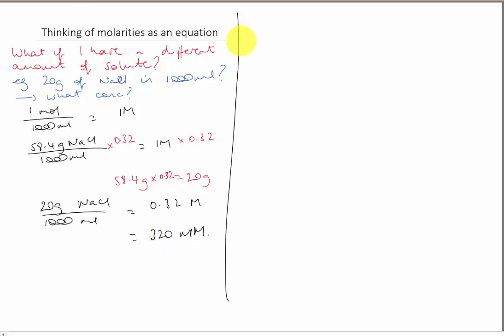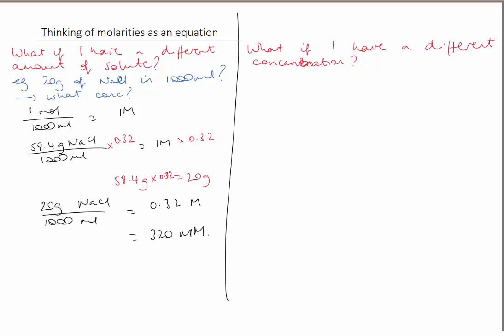And finally, what if I have a different concentration? So for example, I've got 0.75 molar NaCl in our 1000 mils.